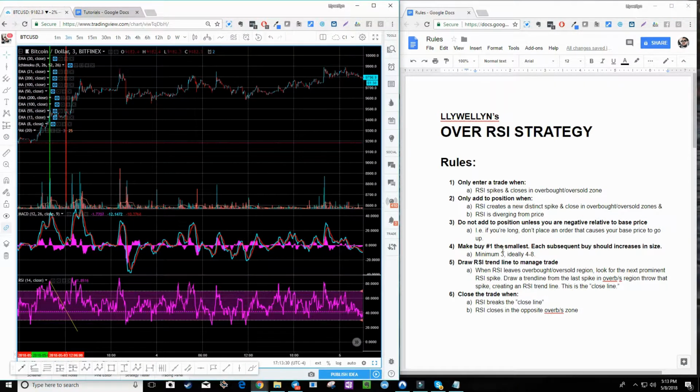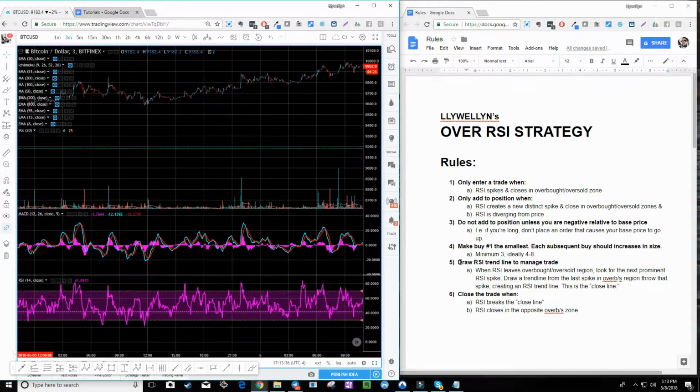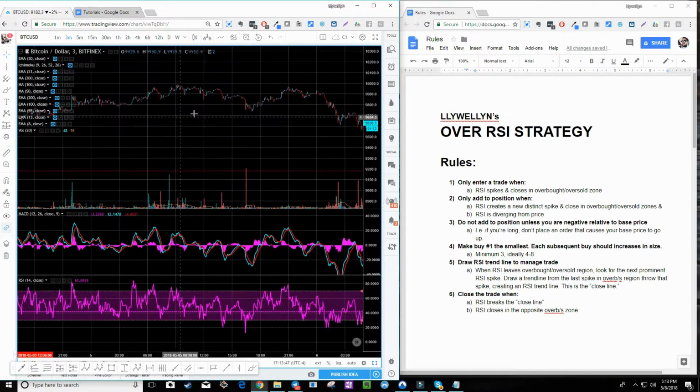This is stuff I'll get into in more detail in the later videos, but as part of the rules we just went over, you don't add to your position unless you are negative relative to the base price. So you always want to be averaging down if you're long or averaging up if you're short.